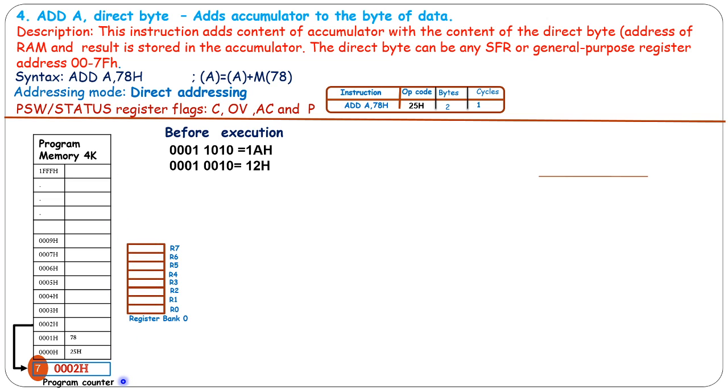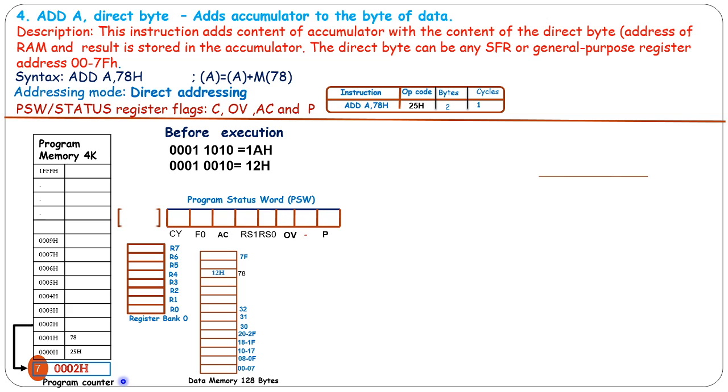Now this 78H, in the 128 byte data memory, has the content 12H. So this is the address of random access memory, the 128 byte memory. This address is 78H. What is the content of that? It is 12H. So this 12H and the 1AH content of the accumulator are added.